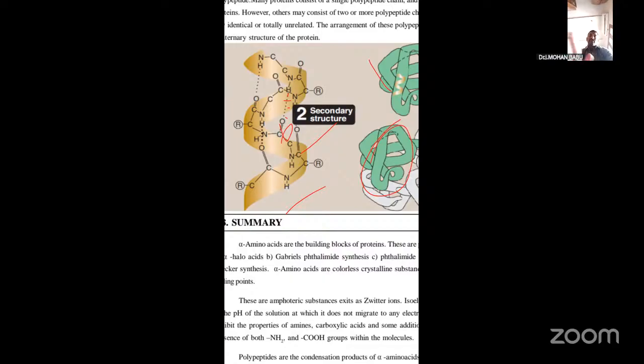So based on their complexity, we classify protein structure into primary, secondary, and tertiary. Very important.